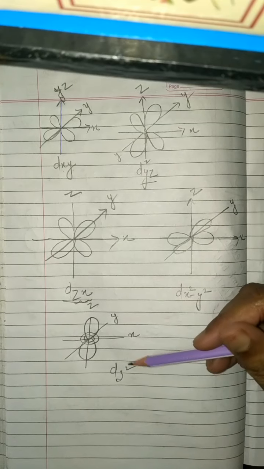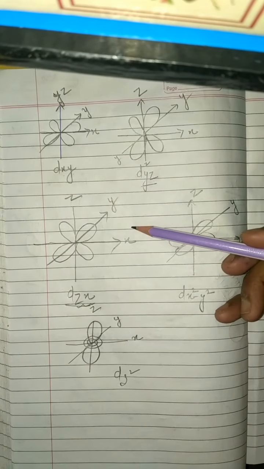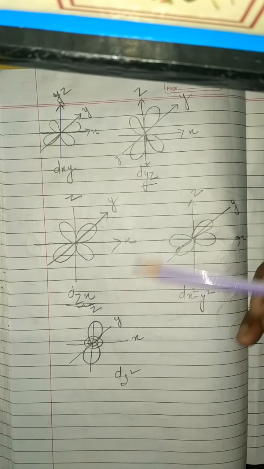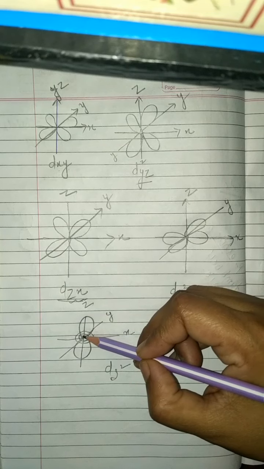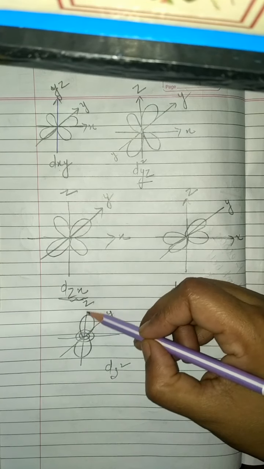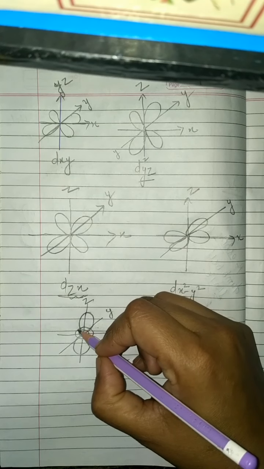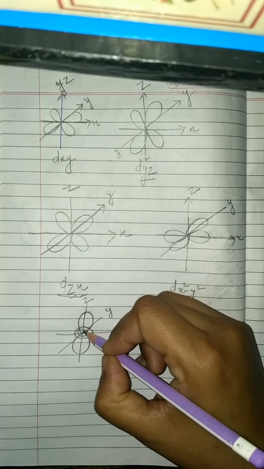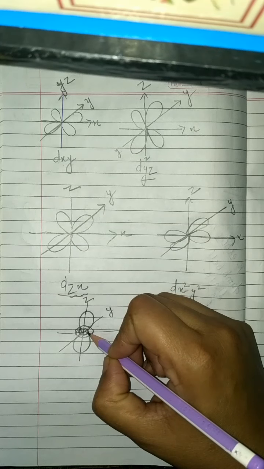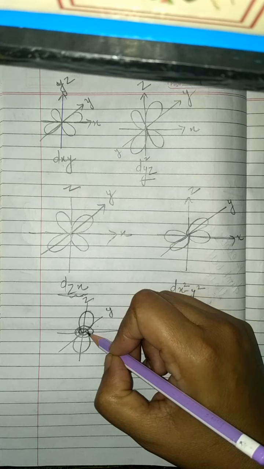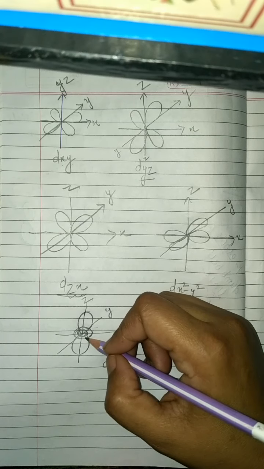The shape of dz square is different from these. In all these, 4 lobes are present, but in the case of dz square only 2 lobes are present on the z axis, and here a ring is present, and for that reason the electron density is more. We find the maximum electrons in that region.